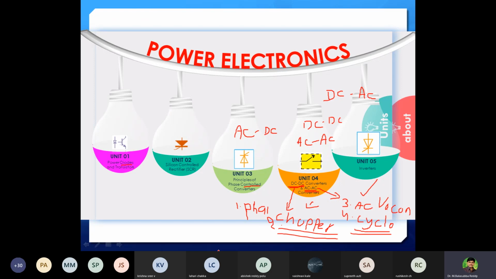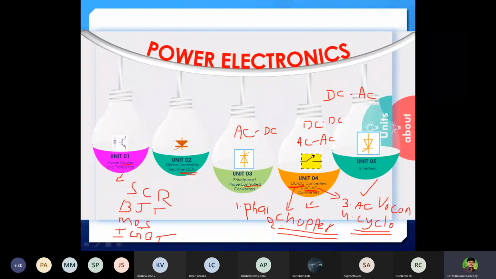First one is a simple introduction of the switches. Here we are going to see the diode, then SCR, with all its characteristics, and then BJT, then MOSFET, then IGBT, the insulated gate bipolar transistor.